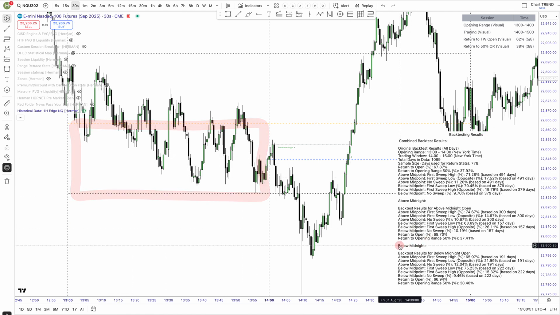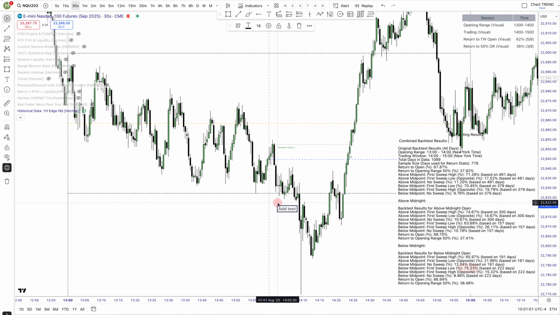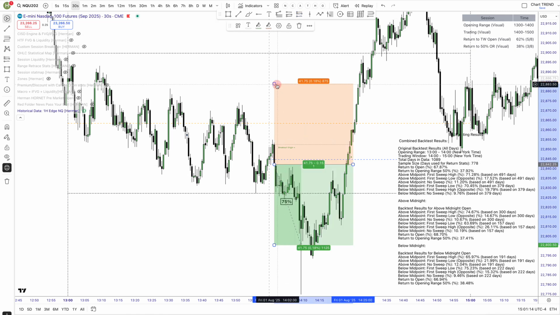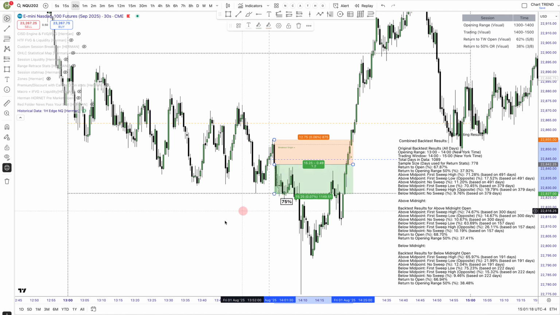So below the midnight and below the midpoint. So on Friday we had 75% to sweep that low first. Obviously it's not going to happen every single day, but 2 p.m. started, we had a massive rejection candle, and we reached the target within a couple of minutes.